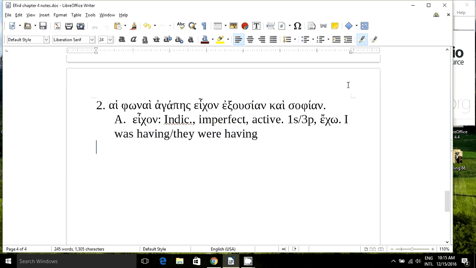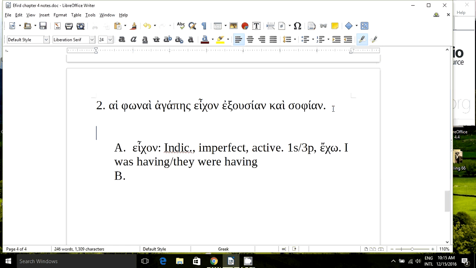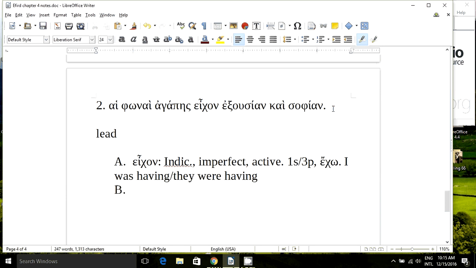Why don't we know? We don't know what the subject is. This form can be either first person singular or third person plural. Same thing happens in English. If you come across this word in English, you don't know if that word is lead or led.